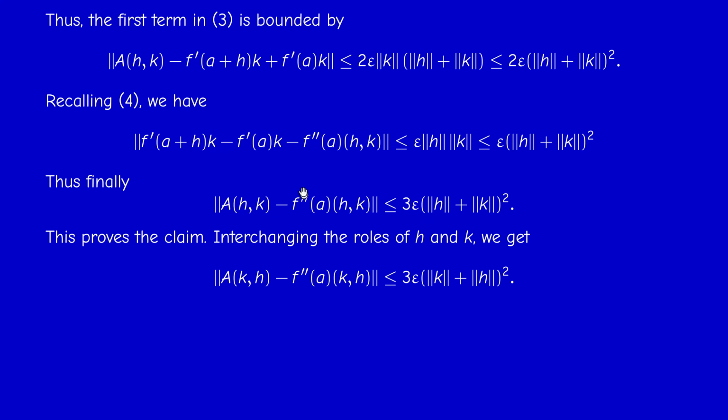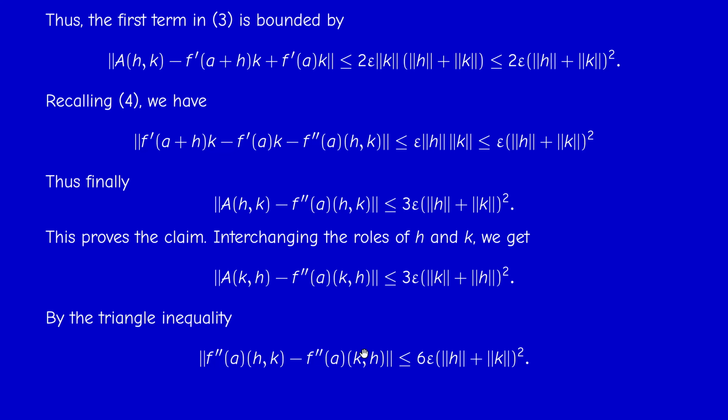If I add these two inequalities and use the triangle inequality, I get that the difference between these two is less than 6 epsilon times this norm. And now what is inside is, of course, for hk less than delta. So this means that this quantity is a small o of this norm squared.